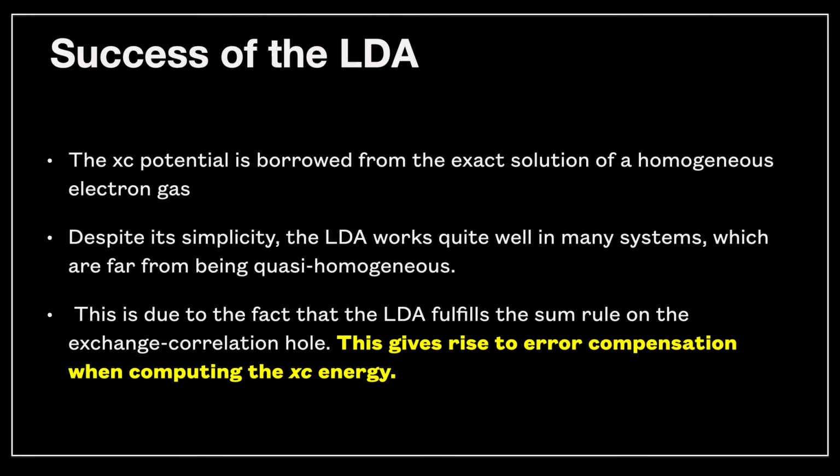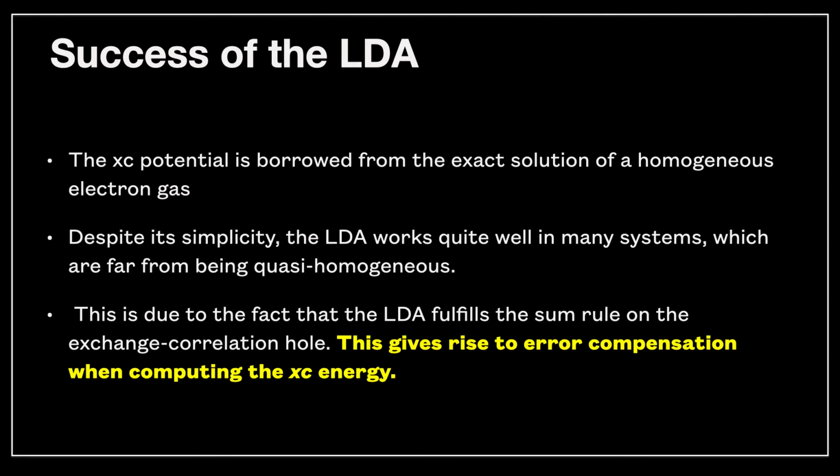And it turns out that LDA is not great for correlation. And LDA is not great for exchange at all. However, the mistake that's made for exchange is most often counterbalanced by the mistake we make for correlation.